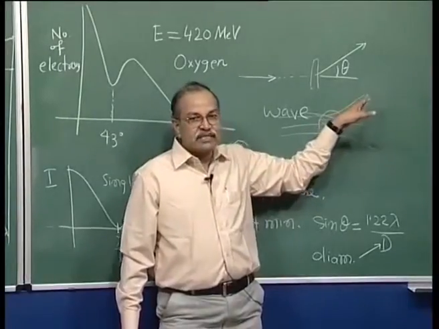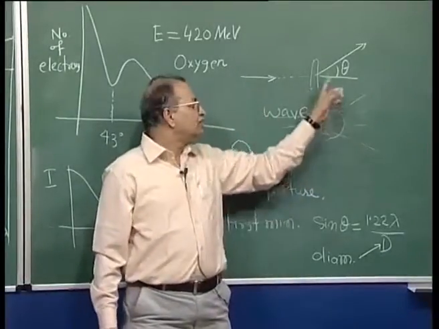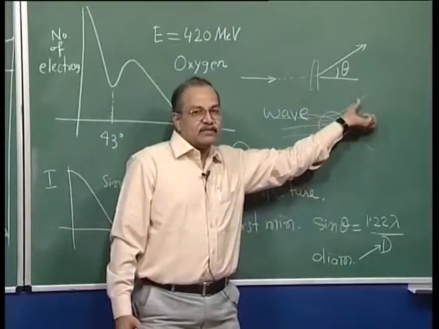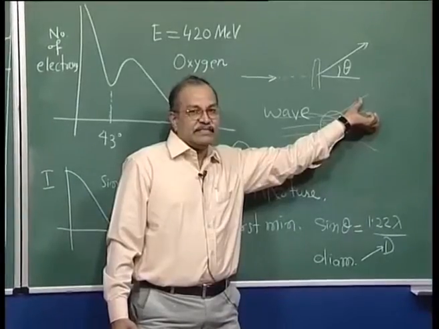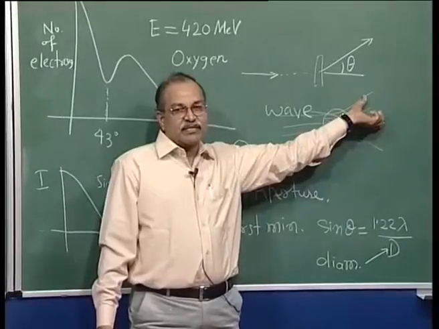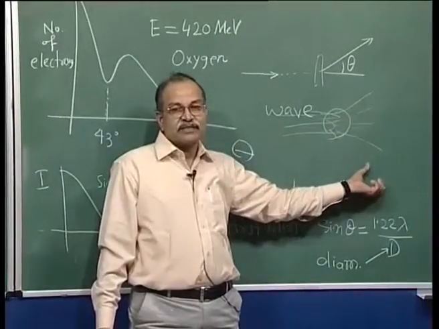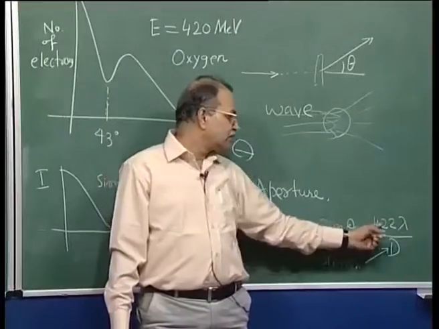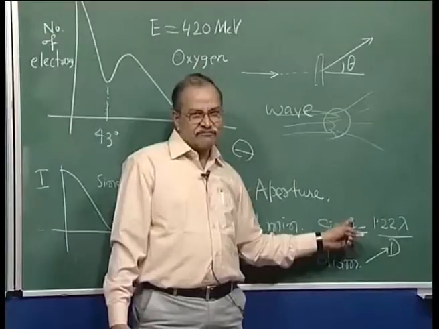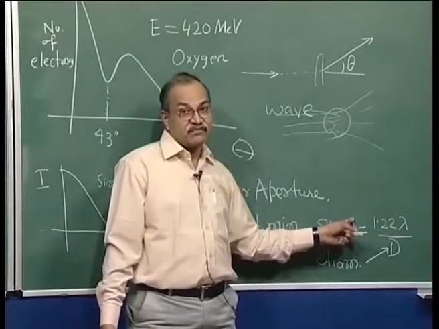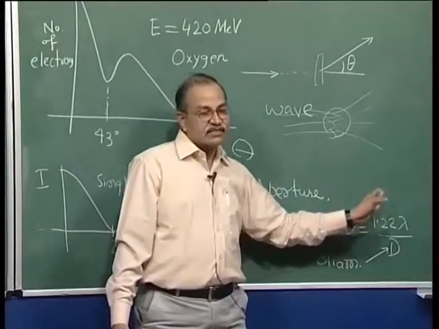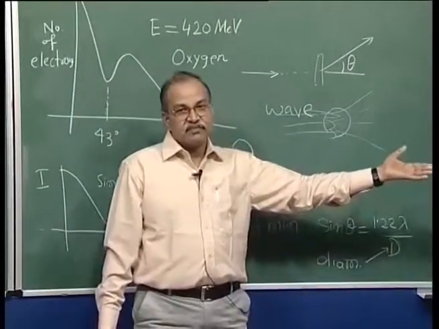So, if you consider this as providing you a circular aperture through which the electron waves can go and interfere, and then on the other side you can find the intensity, that means the number of electrons as a function of theta, you can expect that at this particular theta where sin theta is 1.22 lambda by d, you will have destructive interference of electron waves and the intensity will drop, and similarly the second minimum and third minimum and so on.